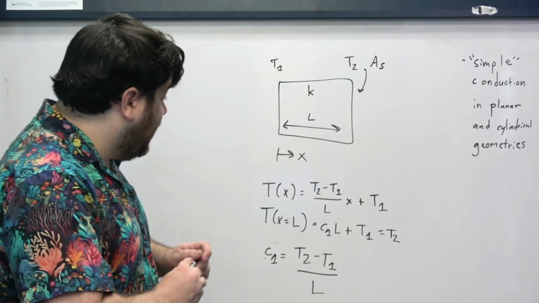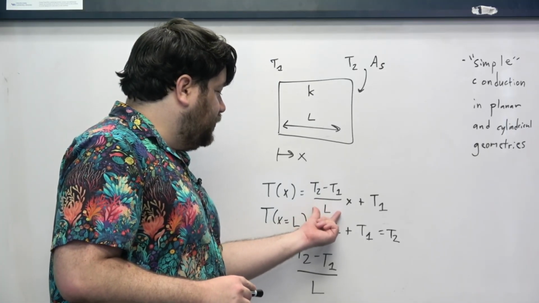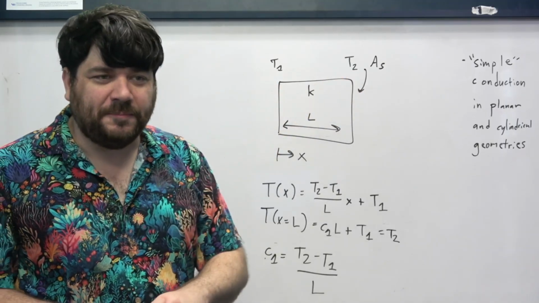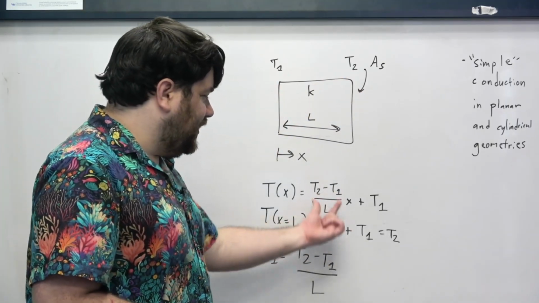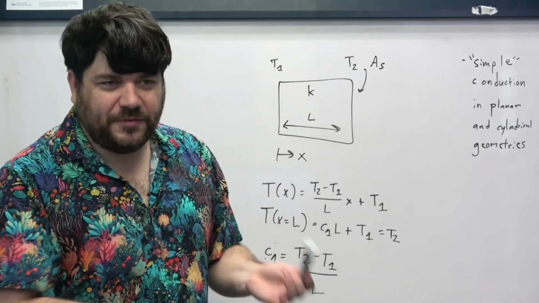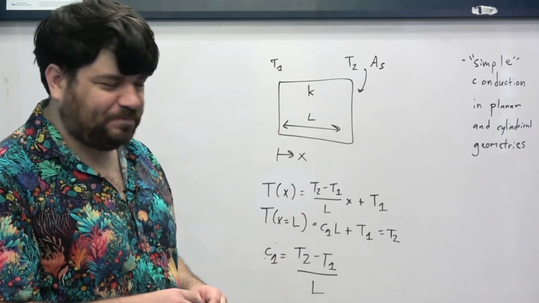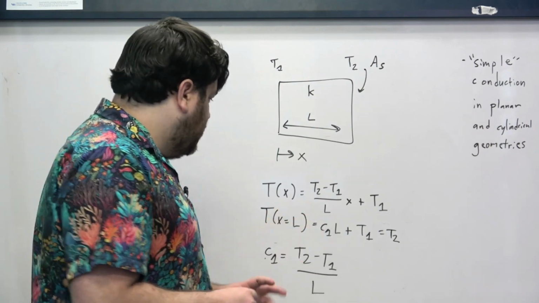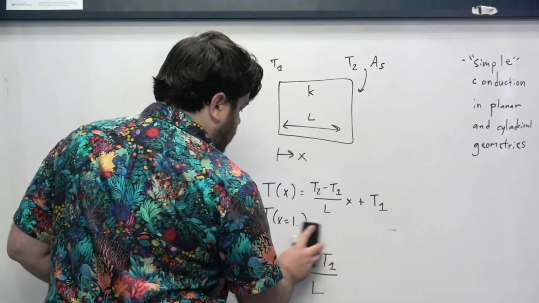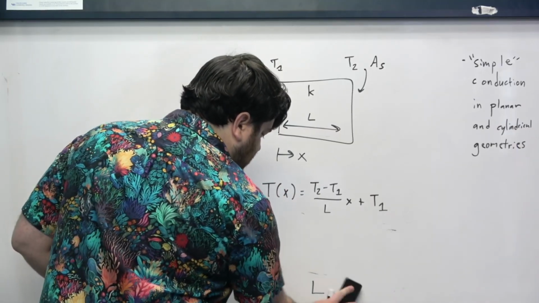Now notice that the sign associated with this is going to be positive or negative depending on whether or not T2 is larger than T1. This is effectively telling us what the slope of this line is going to be. So this is fully general for any two temperatures, T1 and T2. So this is the expression for the temperature. We've confirmed that it's always a line.